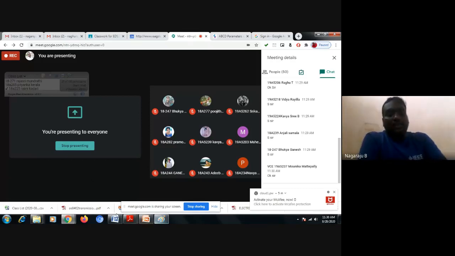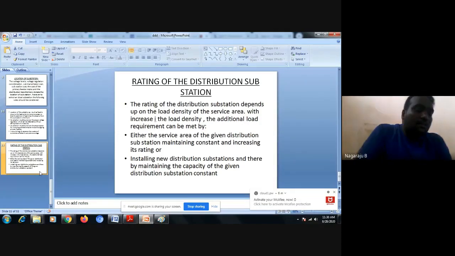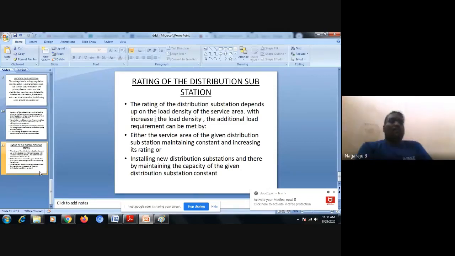So next, I'm moving to the next topic. How I go for the xy coordinate method: I take different loads, M1, M2, M3, M4. These are the loads in the town and the various industrial centers.